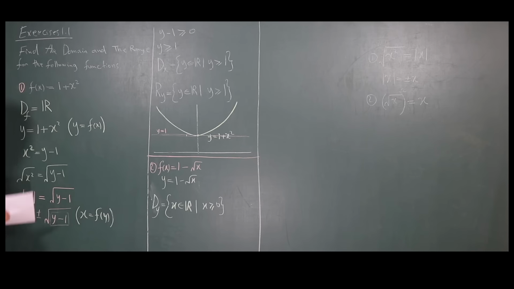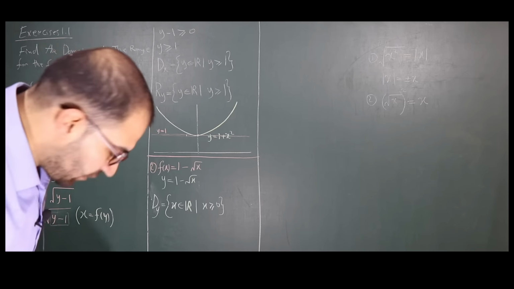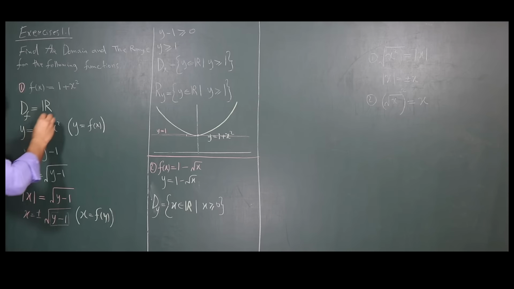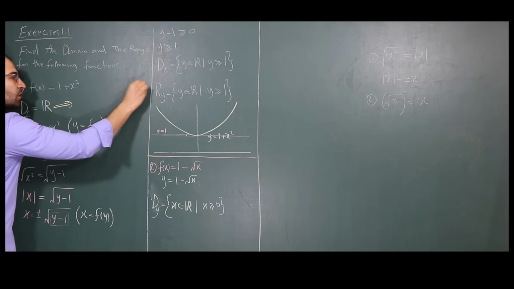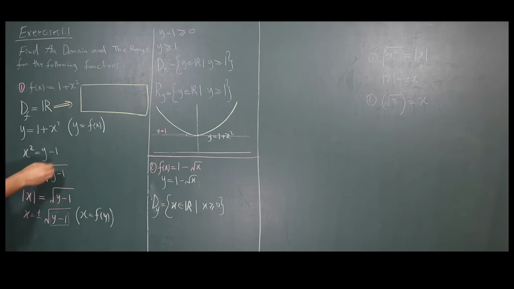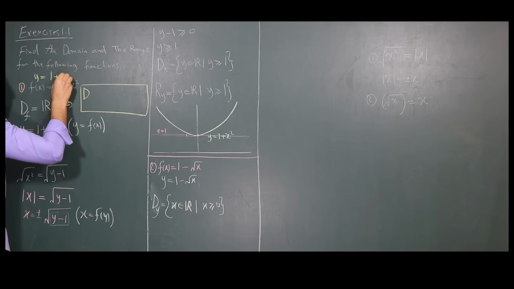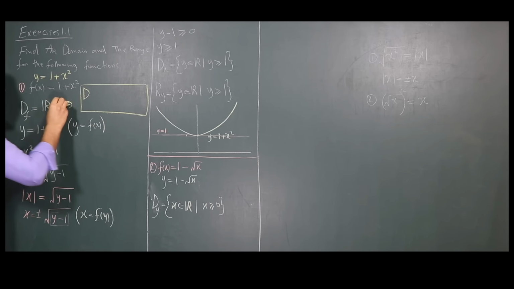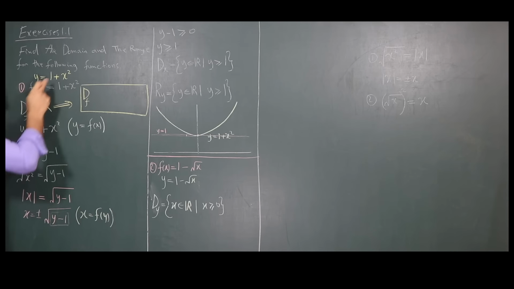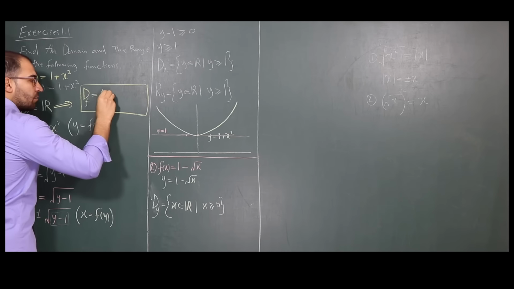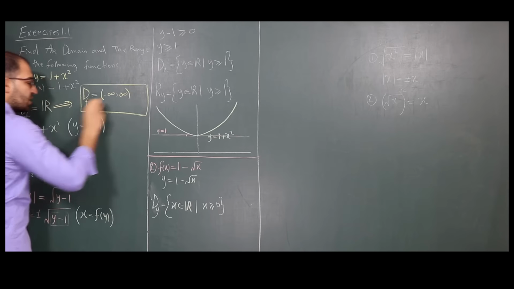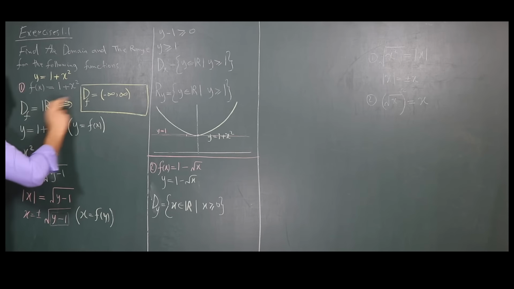I'm going back here just to clarify something. I need another color just to make things distinguishable. Most calculus teachers write the domain of the function f or the domain of the function y. As I told you, this is the same thing. So we can write just the domain of the function f that way, minus infinity to infinity, which is the same notation for the real line.